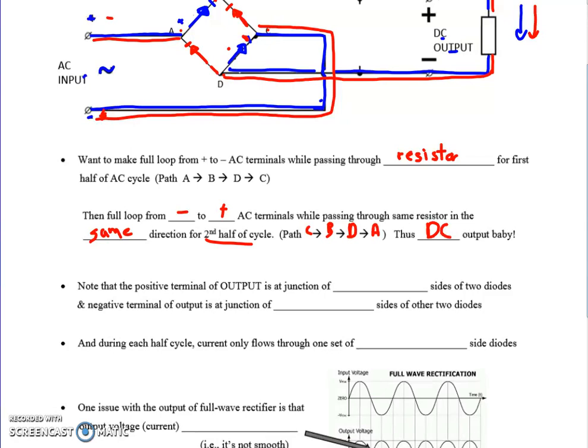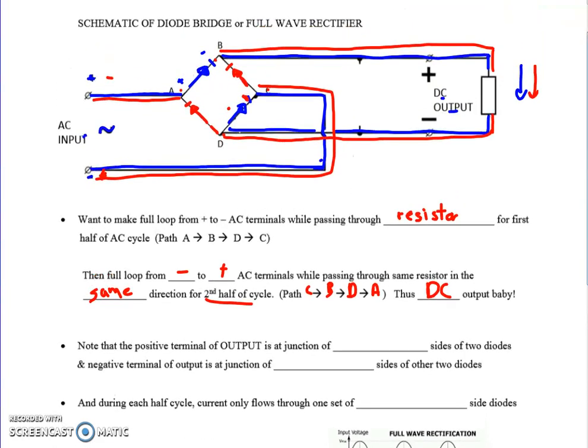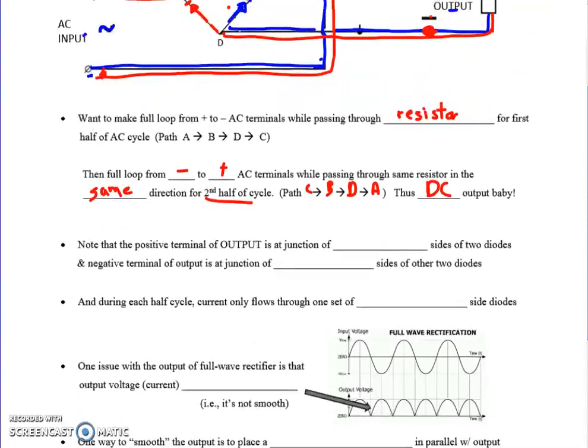So study this very, very carefully, and note that on our output right here, we don't even have to have a resistor there. This is the positive side, this is the negative side. We'll explain how we can recognize that when it's not made obvious.